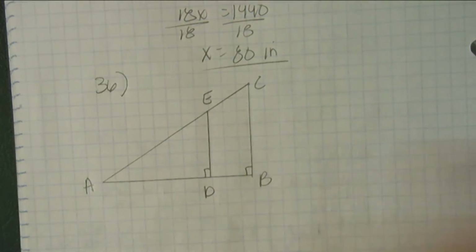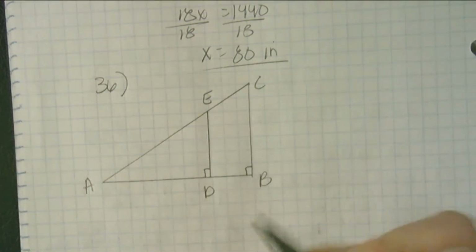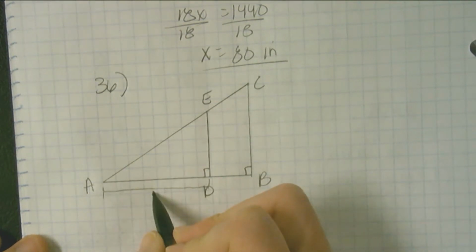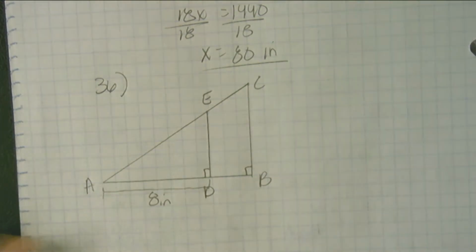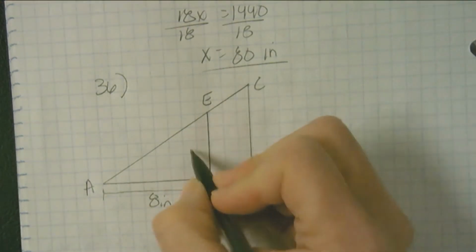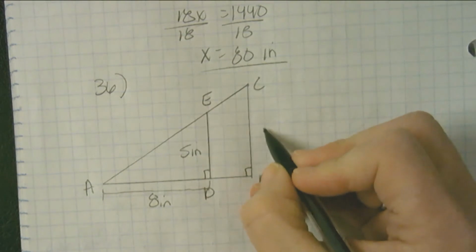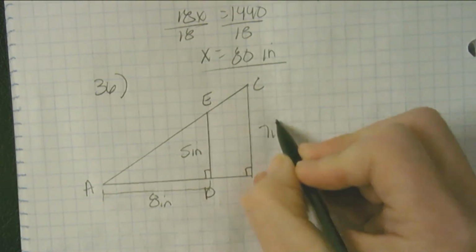Okay. The measurements they've given me: AD, which is 8 inches. They've given me ED, which is 5 inches. And they've given me CB, which is 7 inches.